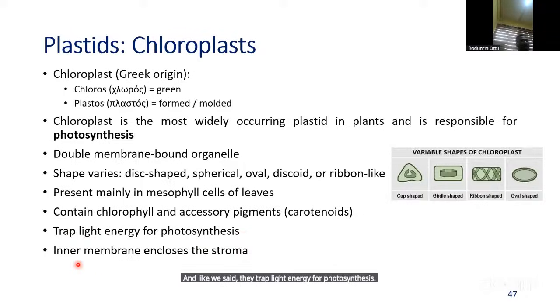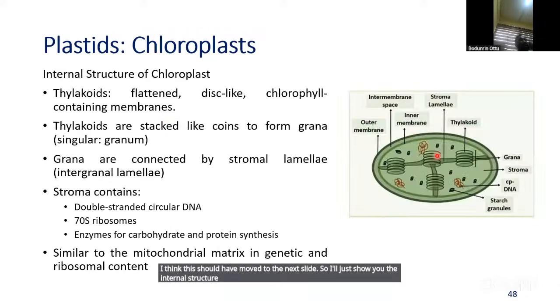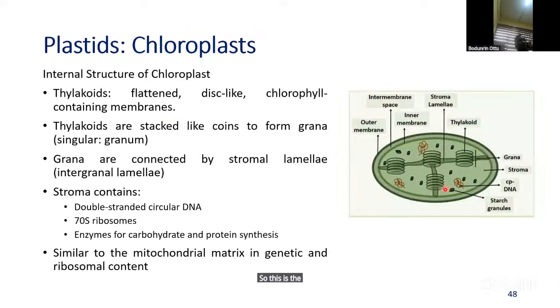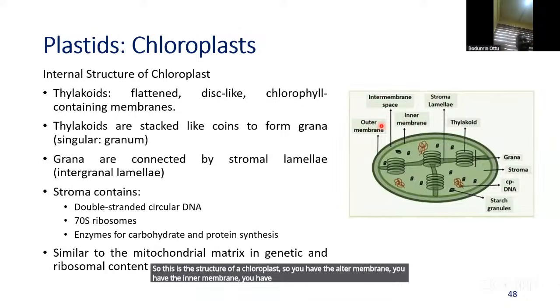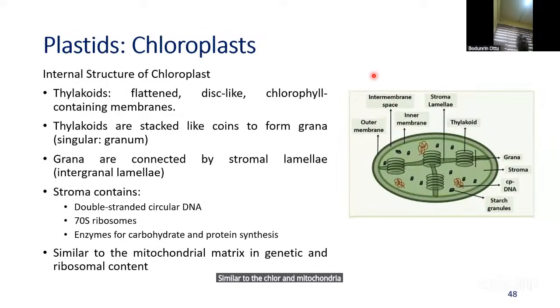And this has to do with the structure. I think this should have moved to the next slide. So I'll just show you the internal structure of the chloroplast. So you have the outer membrane, the inner membrane, and the intermembrane space, similar to the mitochondria. In fact, it is believed that the chloroplast and mitochondria evolved from an ancestral bacteria.